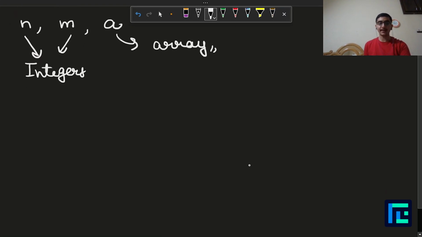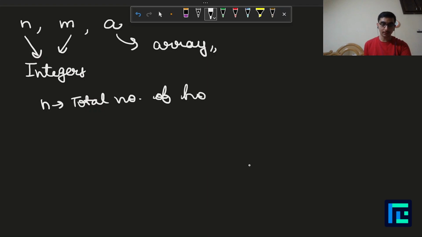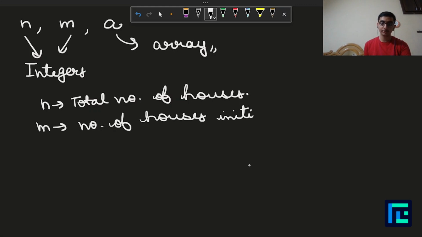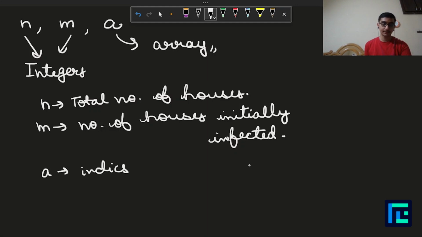Now let's discuss what n, m, and a actually mean. n is the total number of houses. m is the number of houses which are initially infected before the start of our process, and array a denotes the indices of all these houses which are initially infected. Right. So this is what our input means.